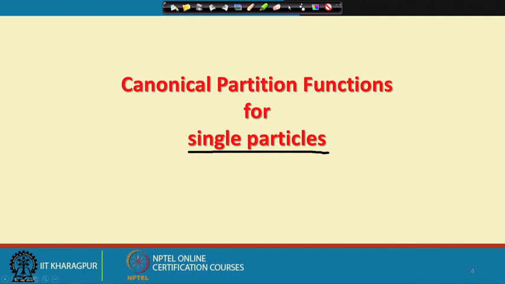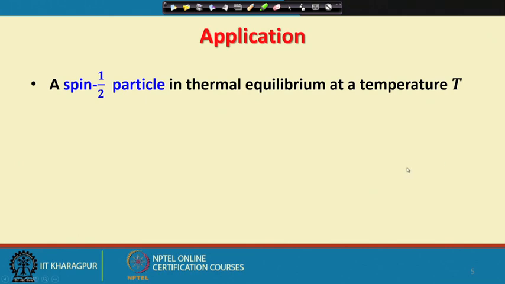We have already seen a lot of single particle systems for which we have discussed in detail the solution of the Schrodinger equation and how to count the states when they are present under the isolated condition. Now, we are going to use those concepts once again in this course. The first application that I have in mind is a single spin half particle.